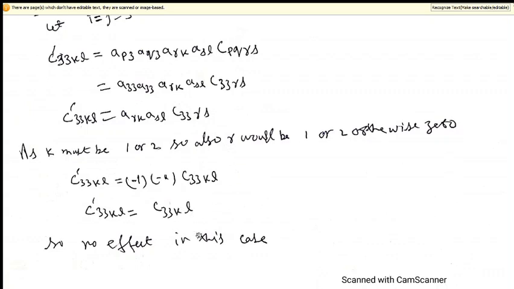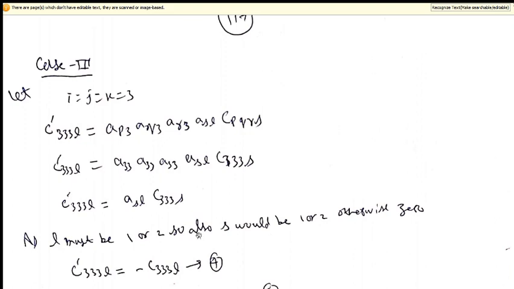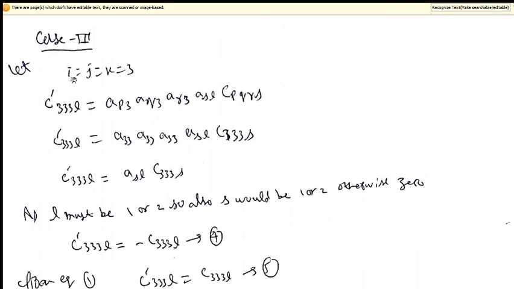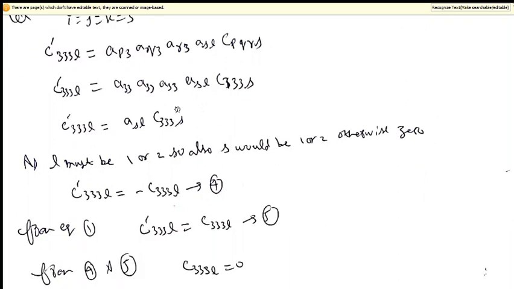Components will not change in this case. And third case, when 3 indices are equal to 3, we have taken the first 3 indices equal to 3, and we have on the right hand side this A33, A33, A33, and we have this ASL. Same argument: L must be 1 or 2, also S would be 1 or 2, otherwise 0. Here would be minus 1, equation number 1.